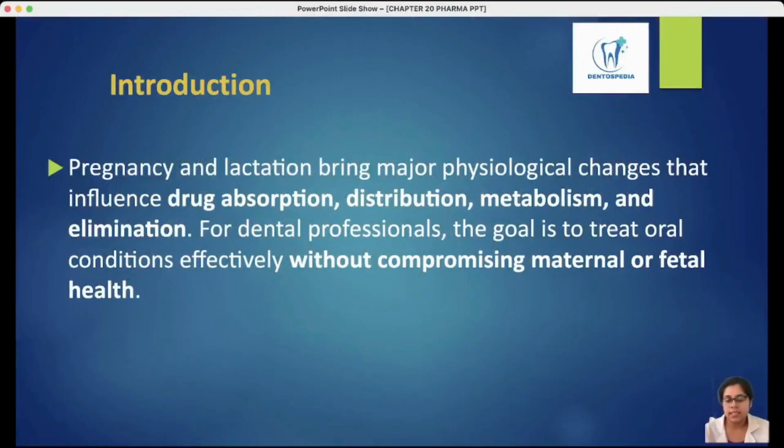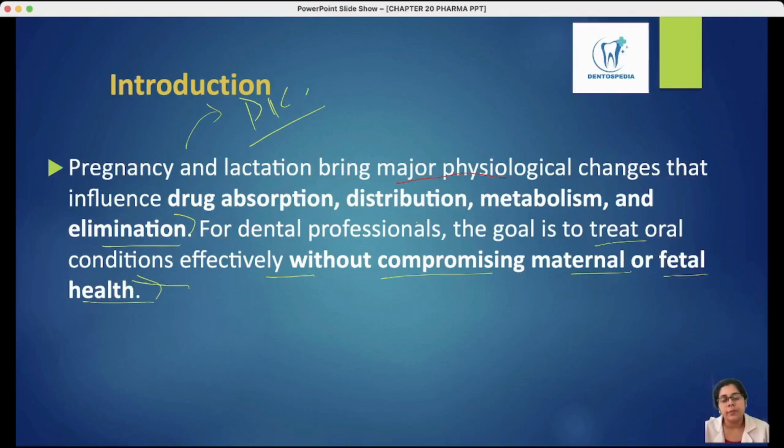So pregnancy and lactation bring major physiological changes that influence drug absorption, distribution, metabolism, and elimination. So it will also affect the pharmacokinetics of the drug. For dental professionals, the goal is to treat the oral conditions effectively without compromising maternal and fetal health.